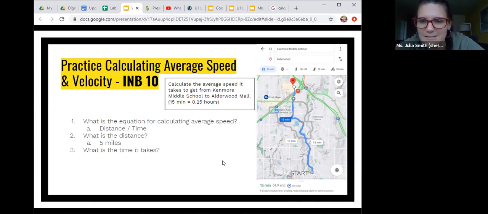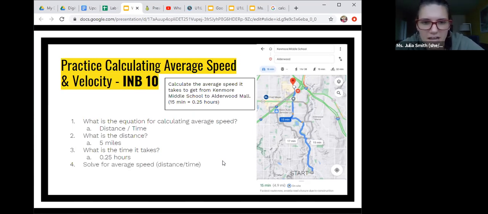It says 15 minutes, but we want to find miles per hour, not miles per minute, so we're going to convert that into hours. So 15 minutes is 1/4 of an hour, or 0.25 hours.